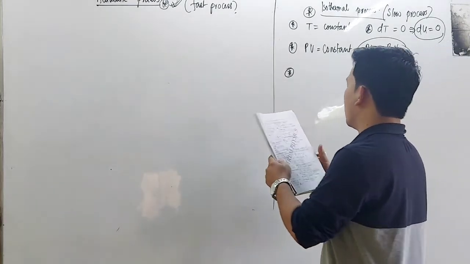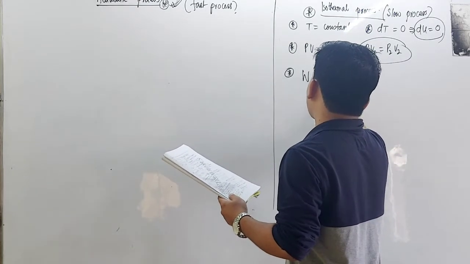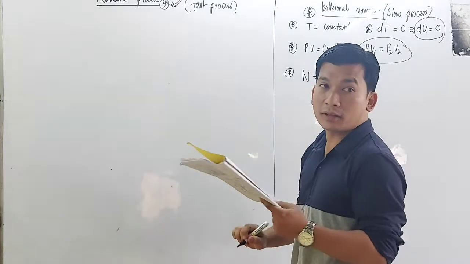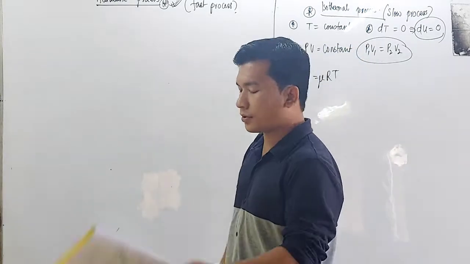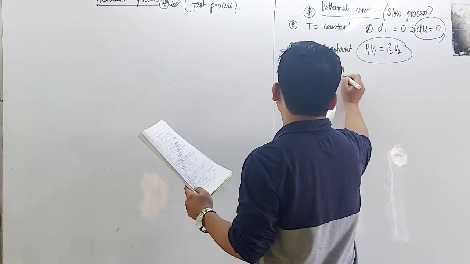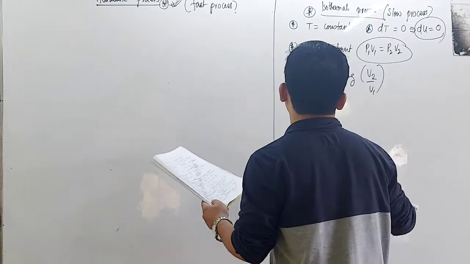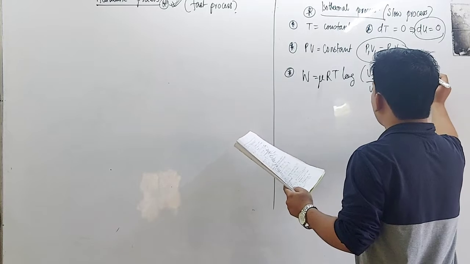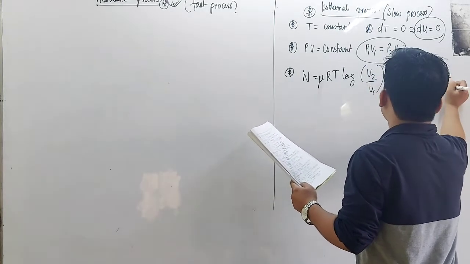The work done in an isothermal process will be mu RT log of V2 by V1, or this can also be written as mu RT log of V1 by V2.